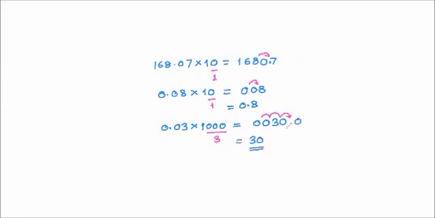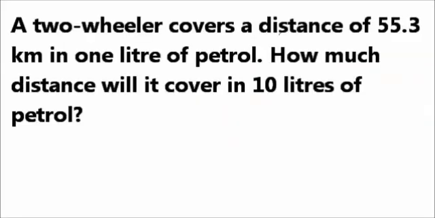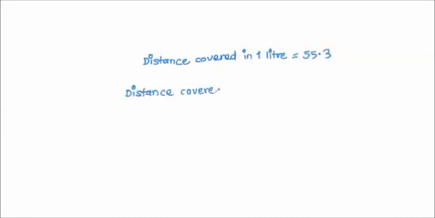A two-wheeler covers a distance of 55.3 kilometers in 1 liter of petrol. How much distance will it cover in 10 liters of petrol? So given is 55.3 multiplied by 10. Now it is multiplied by a power of 10. So what we do?